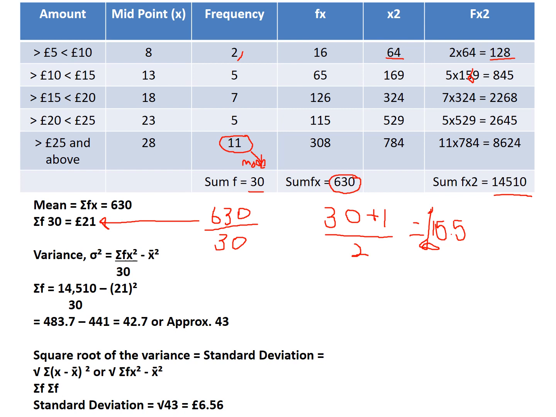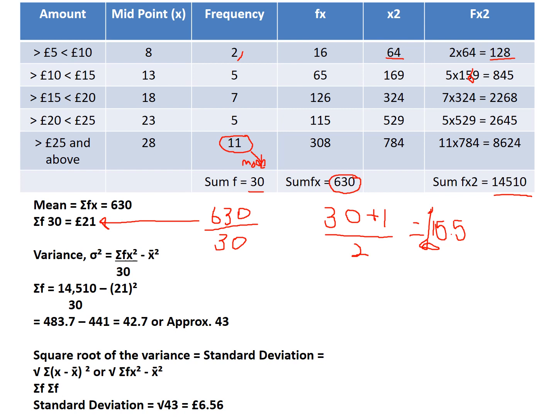So now already with this table we've been able to establish the mode, which is the most frequently occurring, which is 11 respondents of £25 and above. We've established the median, which is £15.50, which is the total frequency, which is 30 plus 1 divided by 2 gives you £15.50. And we've also worked out the mean, the average amount of money.